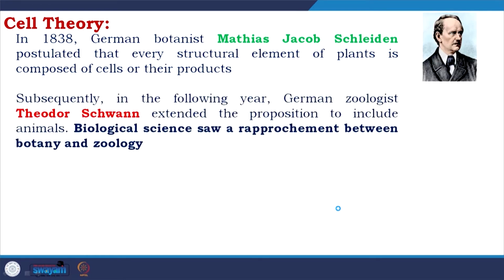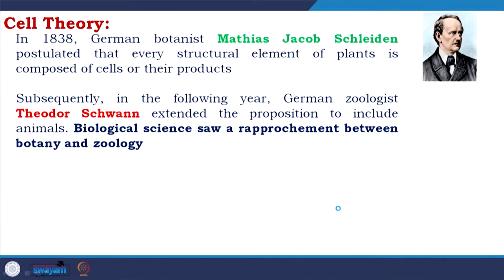Subsequently, in the following year, German zoologist Theodor Schwann extended the proposition to include animals. Biological science saw a rapprochement between botany and zoology, which we saw when Aristotle first came up, and with his student he had given the classification and categorization.